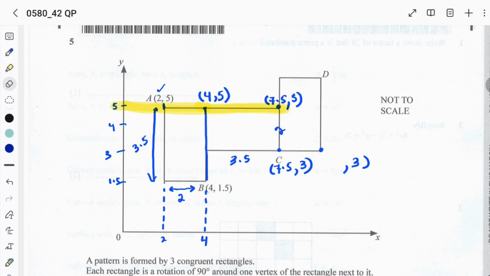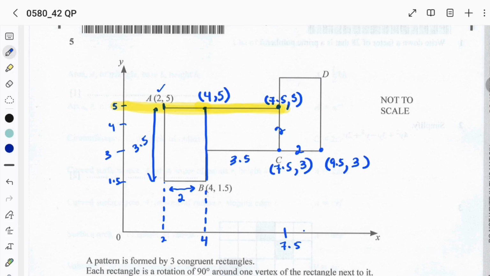And then afterwards we are going to find out the x coordinate of this point. So we know that this is also 2 here. 7.5 plus 2 is 9.5. We are increasing 7.5 by 2 more units, so that would be 9.5.